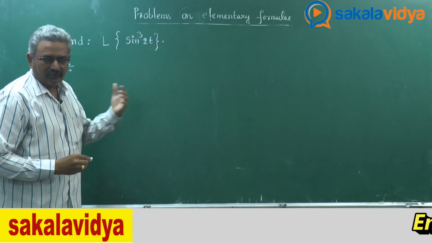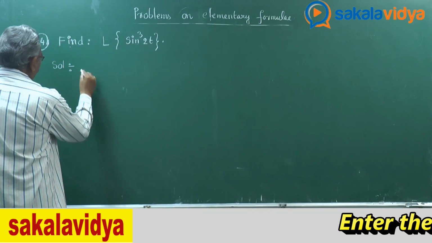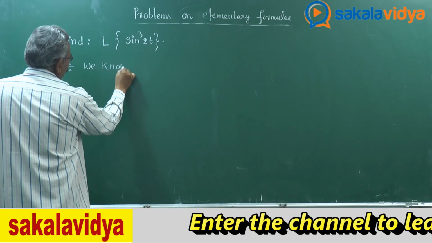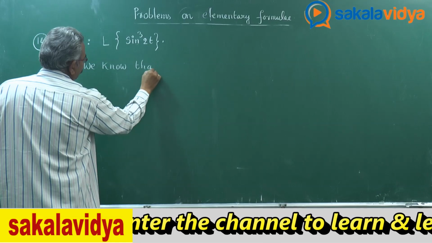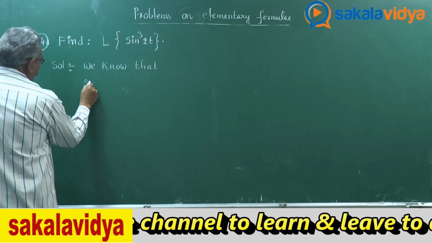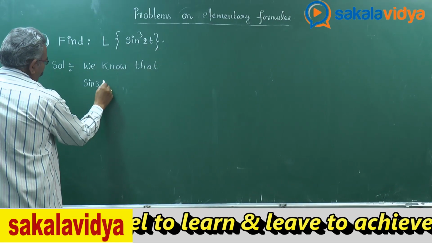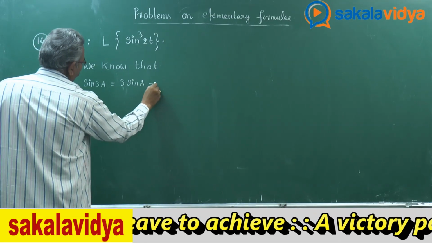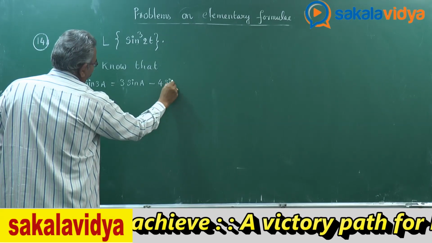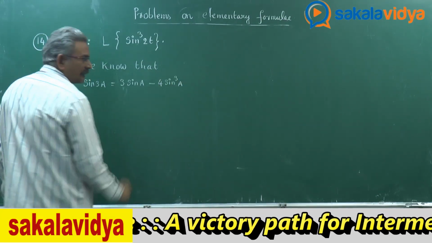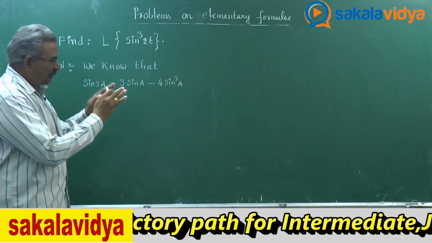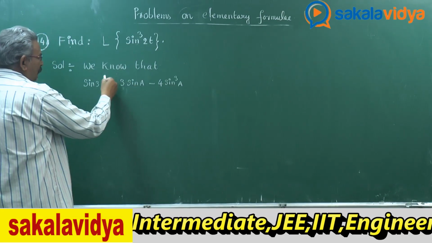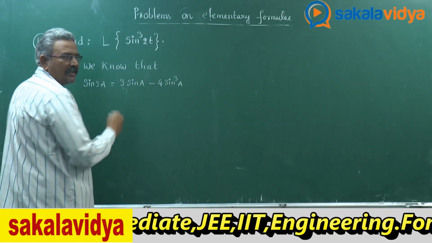We need to recall the sin 3a formula. We know that sin 3a equals 3 sin a minus 4 sin cube a. Am I correct? So the two terms we need to transpose. Bring minus 4 sin cube a to this side, sin 3a to that side.